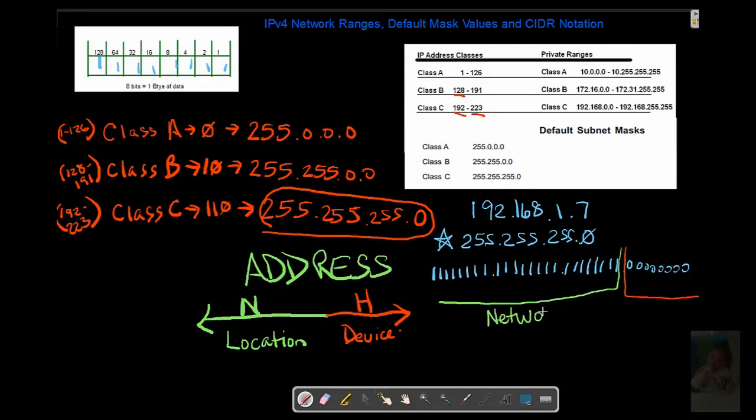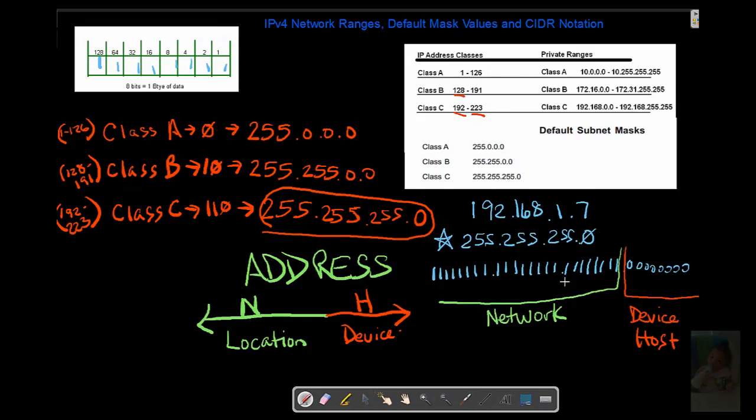This is our location. This is if we need to send data to that device, where do we send it to? This is the device or the host that we're communicating with at that point in time.